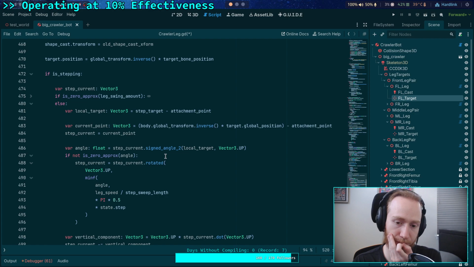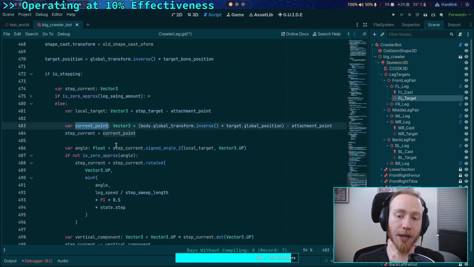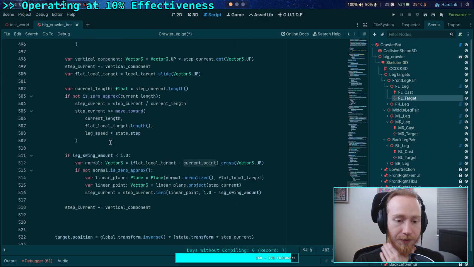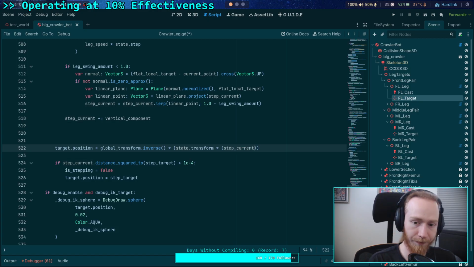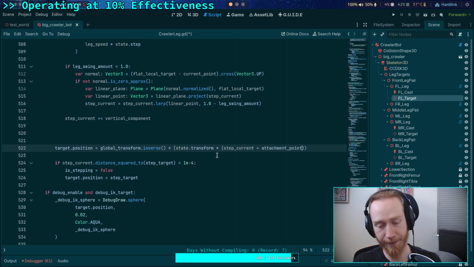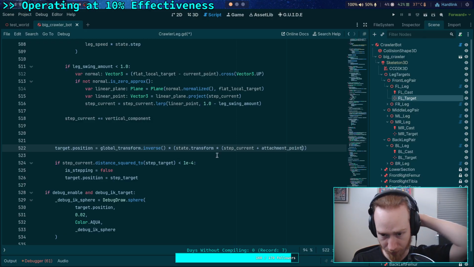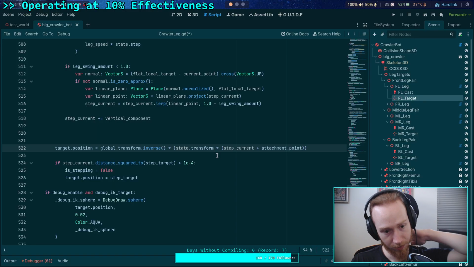Hang on. No, step current is a vector from the attachment point. So I have to add the attachment point. Okay. To add that back.